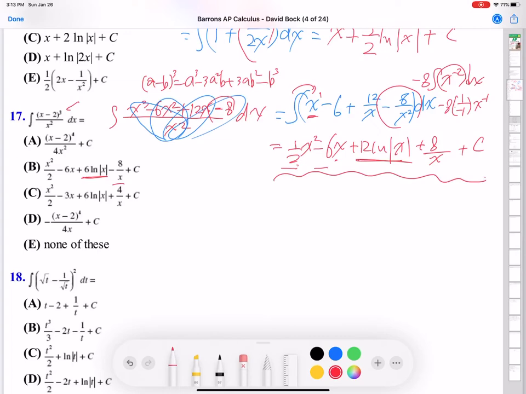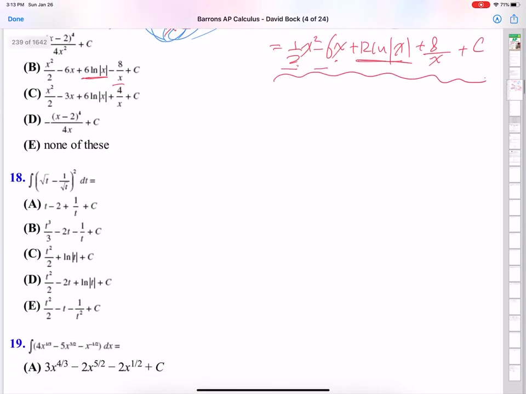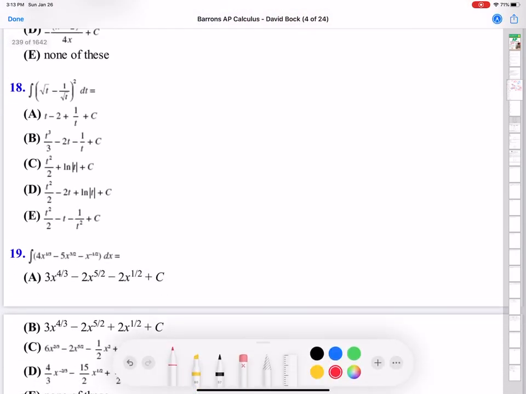Okay, number 18. Integral of this. Just expand it first. (a minus b) squared is a squared minus 2ab plus b squared, right? a squared is root t squared, just t, minus 2 times root t times 1 over root t, that's negative 2, plus b squared, 1 over t.